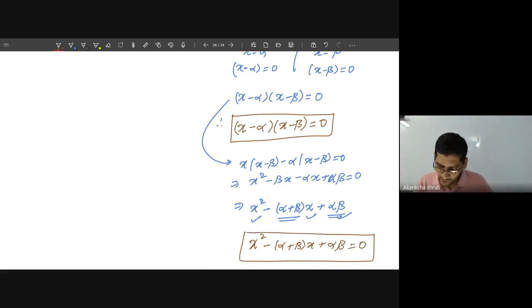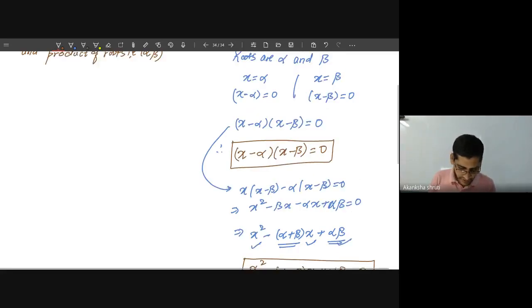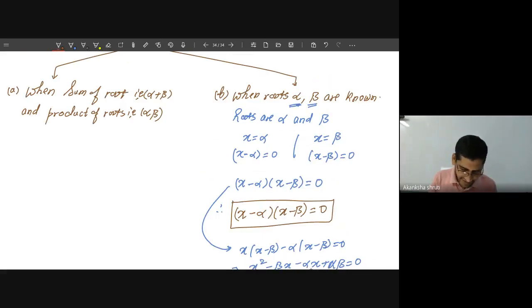Students, here there is no need to take the k, because if we multiply the entire equation by k, that will go in division of 0, that remains the same. So no need to take any coefficient, as we were doing in the quadratic polynomials. So this is the concept. So we can directly write for this second case also.